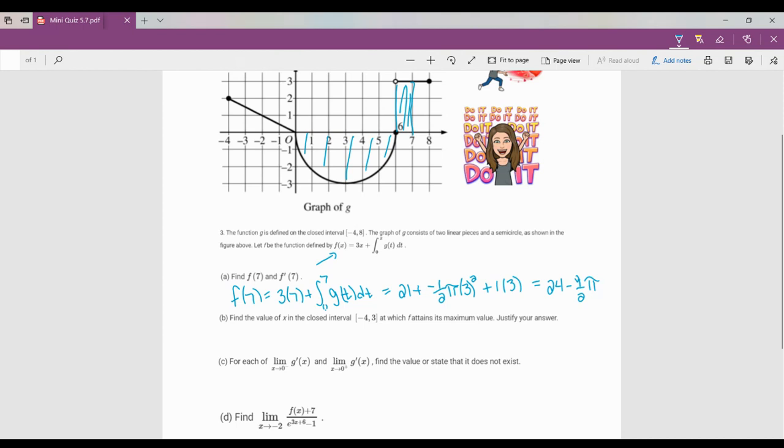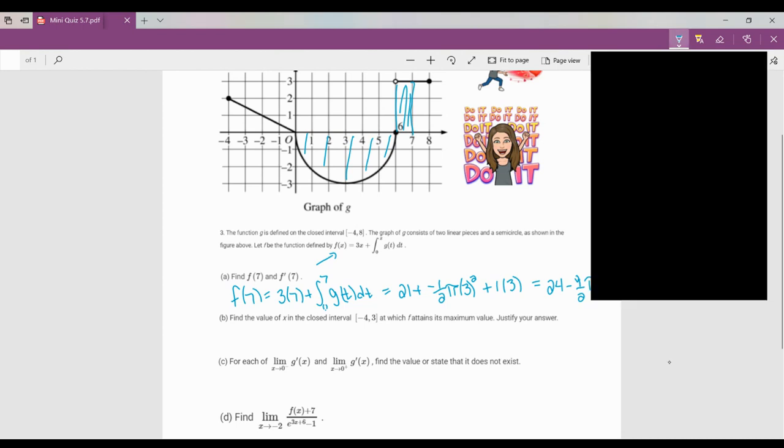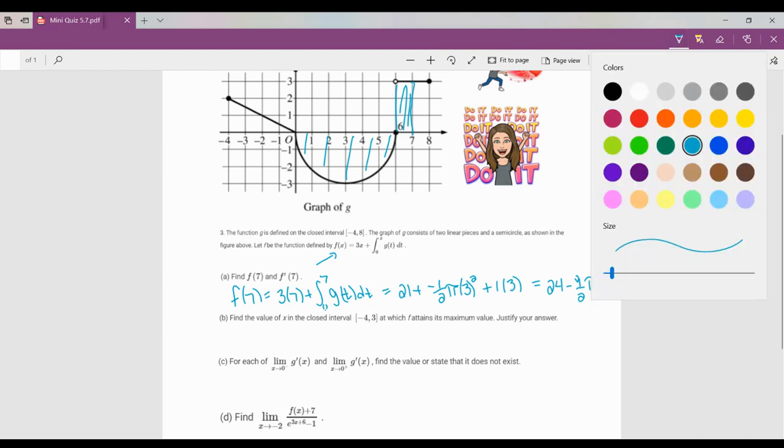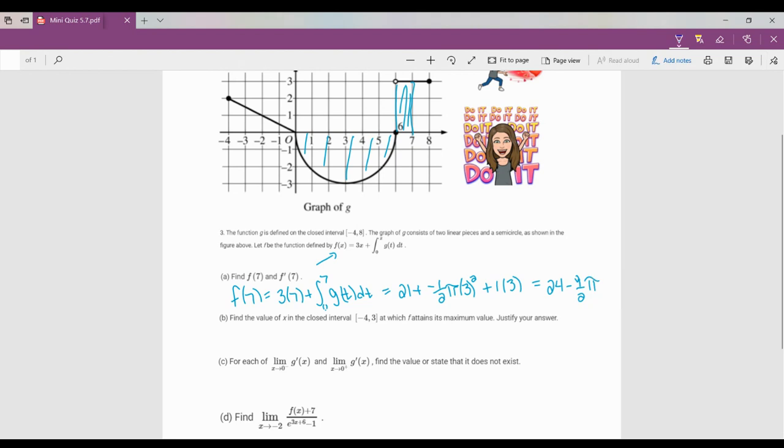All right, now to find f prime of 7, the first thing I have to do is find f prime of x. So f prime of x is equal to the derivative of 3x, which is 3, plus the derivative of the integral from 0 to x, which is g of x. Okay, so that's the derivative.